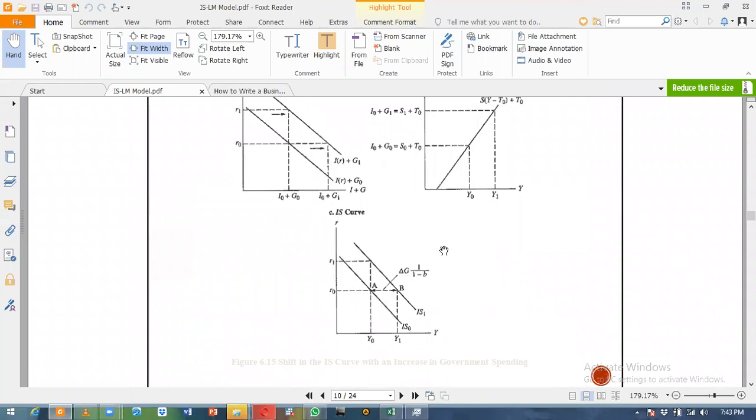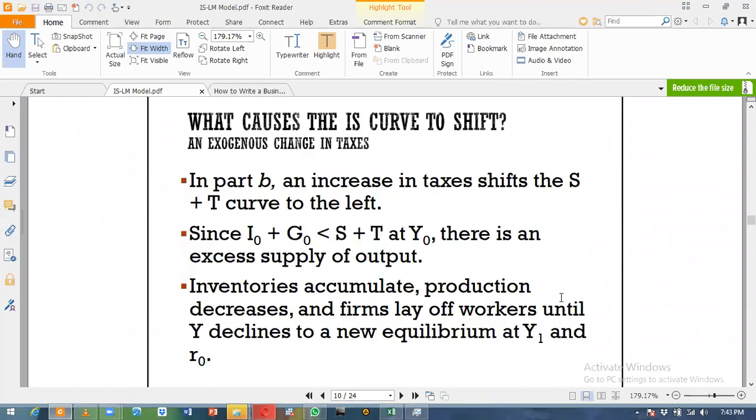That's what we just spoke about. Okay, so I think I told you that the effect of an increase in G is the same as a fall in T, right?